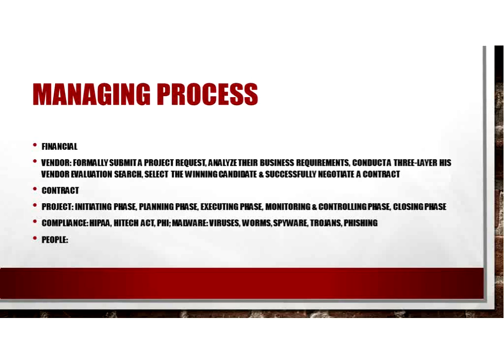Number 3, they want to conduct a 3-layer HIS vendor evaluation search. The first layer is your functional layer, which deals with features and functions, your upgrade path, ease of training, the workflow that's going to be supported, usability, test scenarios, and all those things.